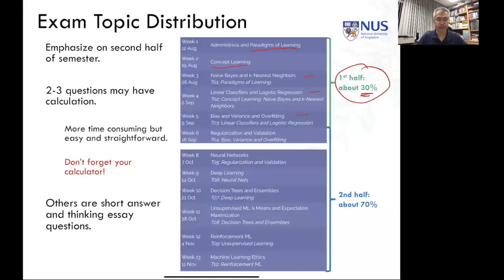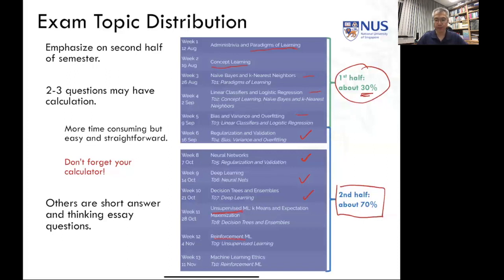These topics made up what we saw in the midterm, so there'll be less emphasis on those topics as we go into the final. The second half, which is what we're going to test you most about, is this blue part. This considers the regularization and validation that we had covered before the midterm but never tested, neural networks and deep learning, decision trees and ensembles, and then the two other pillars of machine learning, which are unsupervised and reinforcement learning.